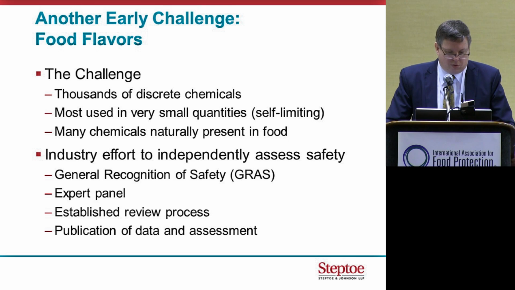And flavor manufacturers established an expert panel and a well-documented review process and a process for publishing the results of the assessment to determine whether or not these low levels of flavors were safe and that safety was generally recognized.